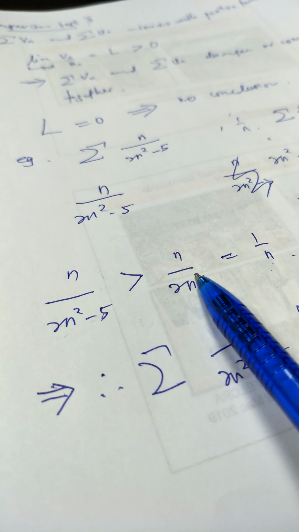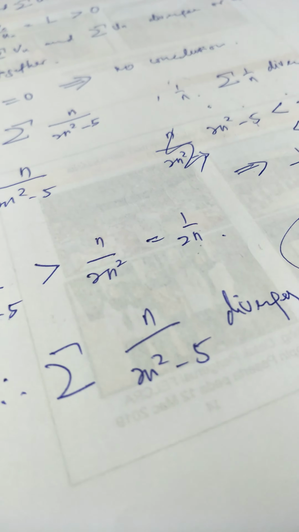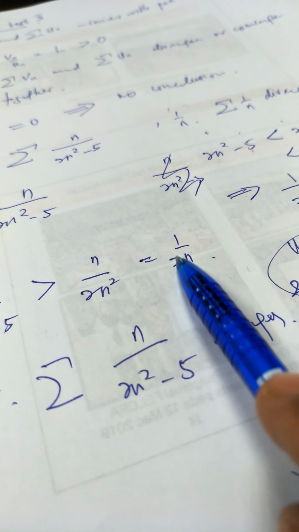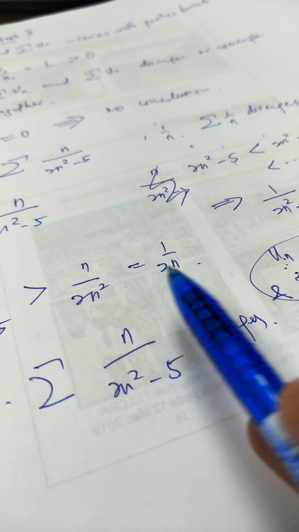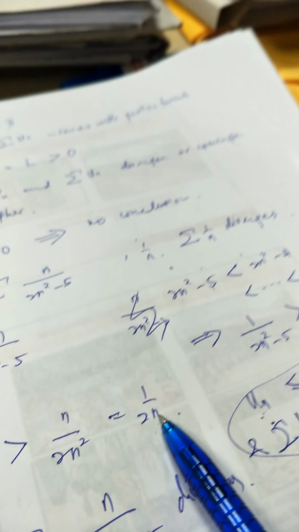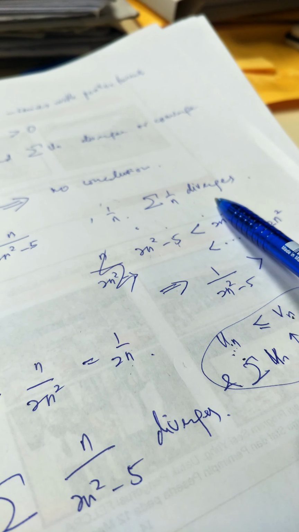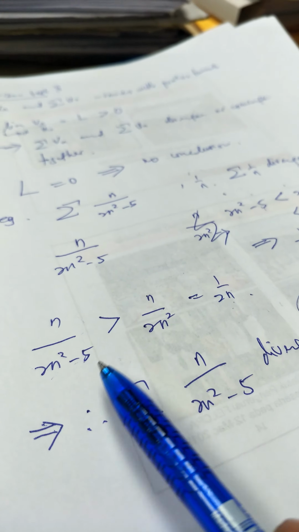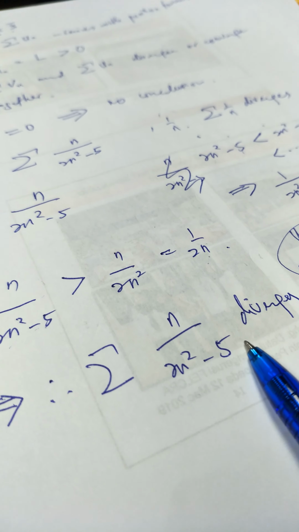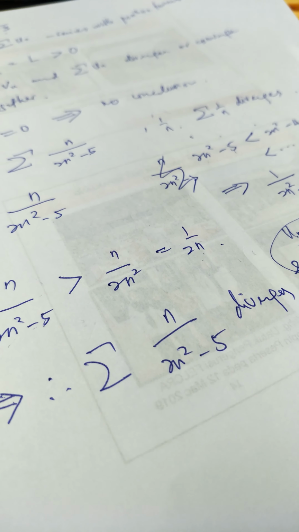So we have those inequalities. On the right hand side, this is just 1 over 2n, and we know that 2 is just a constant, no problem with this. But we know that the series 1 over n diverges. This is from our previous knowledge. So therefore, we can make a conclusion that that series also diverges. Okay, so I hope you can understand those things.